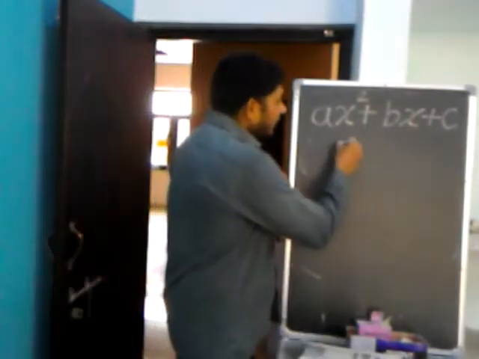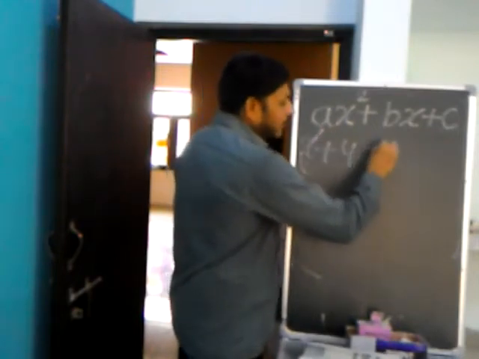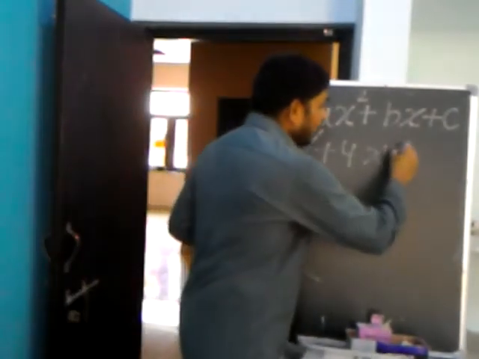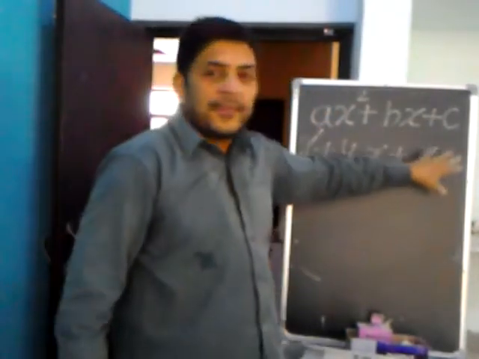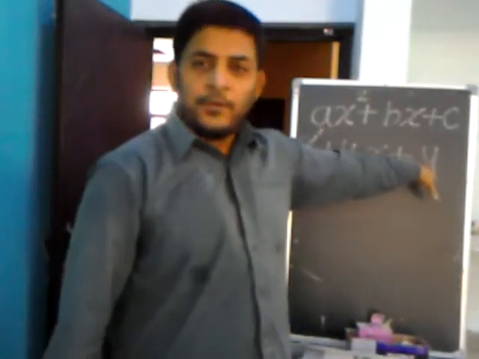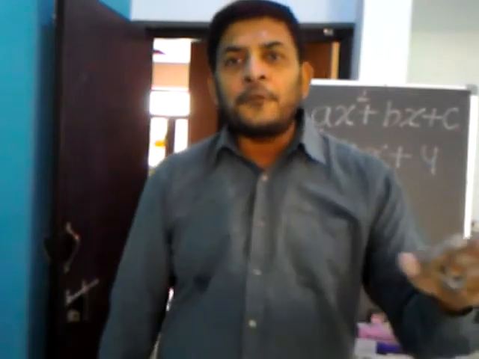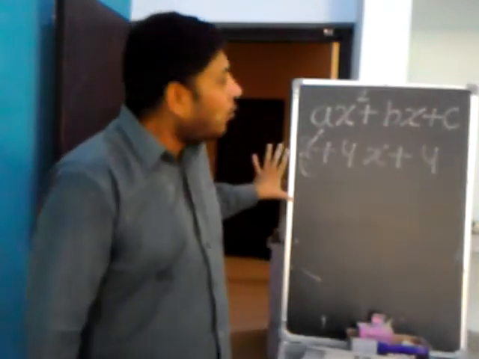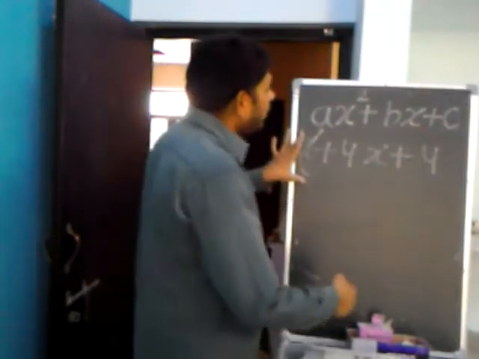In our case, it was 4x square plus 4x, so b was 4. And c is that number whose value is constant. We know that the value of 4 is constant; we can use 4 anywhere, but it will remain 4. Its value will not change. So this is constant.